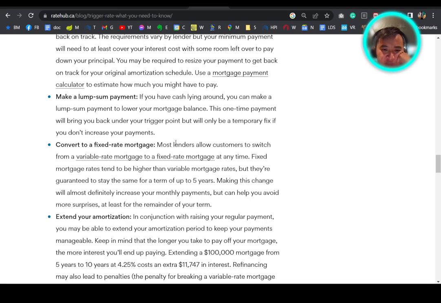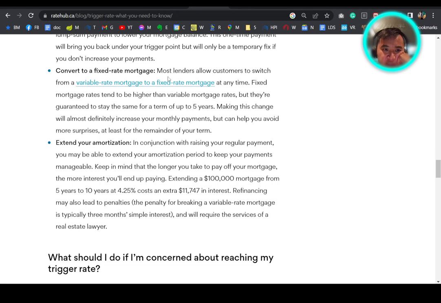And finally, one more option is you can convert to a fixed rate mortgage so that there are no more surprises in the future. This is good if you expect more interest rate hikes. One example is, if you are very good at predicting the future, maybe inflation is still very high and you really expect the Bank of Canada to increase interest rates further, then maybe you can convert to a fixed rate mortgage.